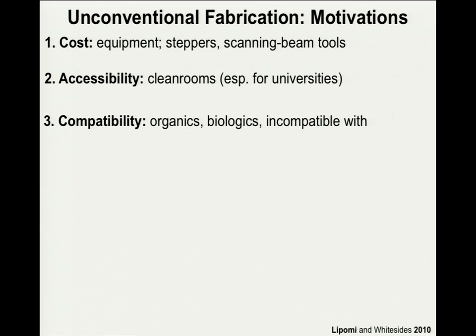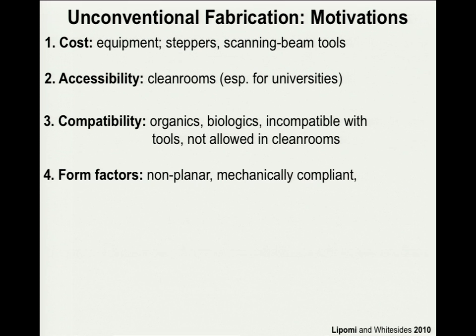Often we want to pattern unconventional materials, like DNA microarrays or alumina, for example. We want to pattern organics and biologics, and they're incompatible with the tools, and often they're not even allowed in clean rooms. We're often interested in unconventional form factors, to use a Bill Gates word. A form factor is something that could be rigid, like a wafer, or it could be stretchable or wearable, like a Fitbit or something.